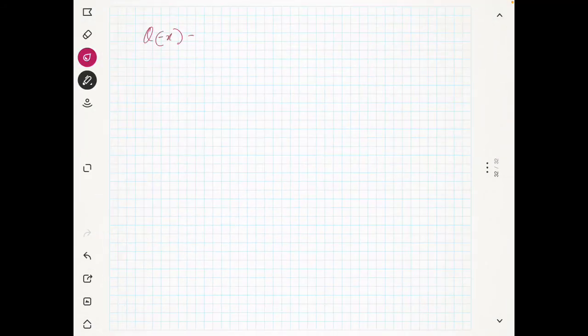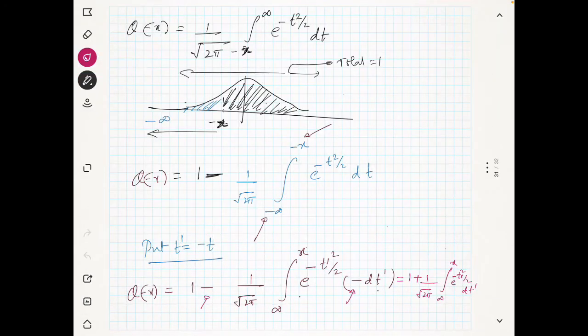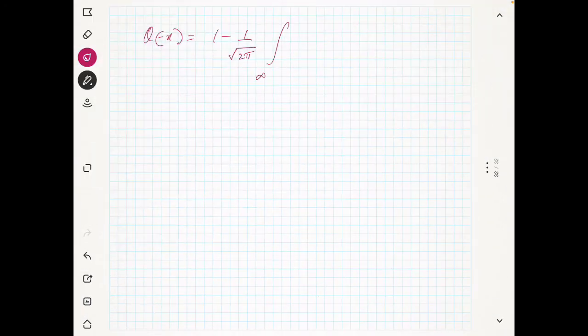Q of minus x is equal to 1 minus 1 by root 2 pi, integral, I will write it again, infinity to x of e power minus t dash square divided by 2 into dt dash, but this becomes plus, I told you. Now because of minus dt dash, this becomes 1, I am going to write here 1, but in this integral I am going to write from x to infinity.